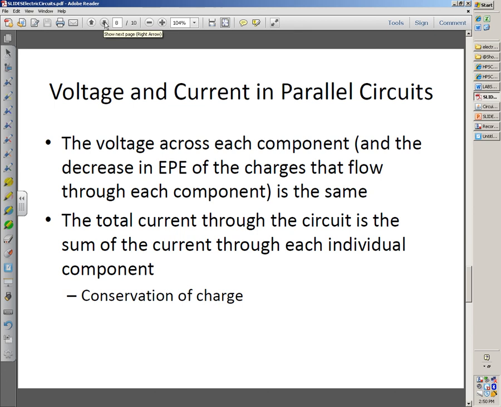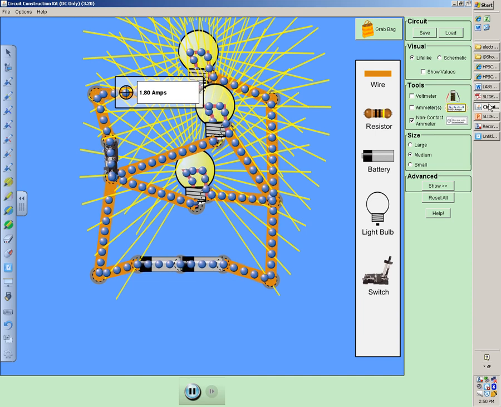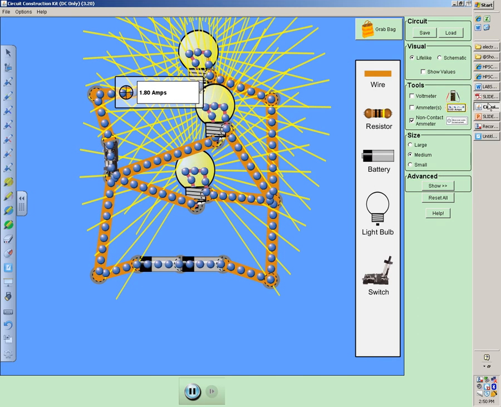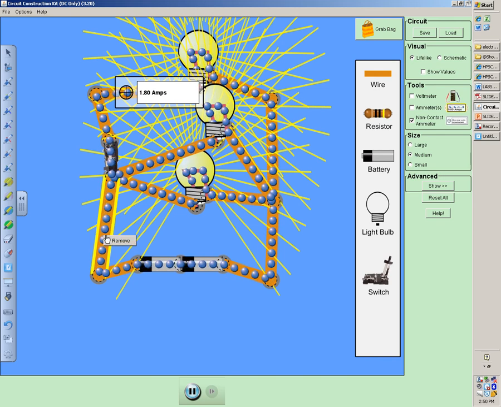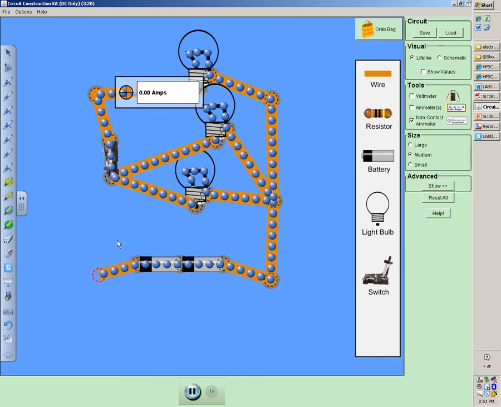So if we go back to this parallel circuit, if I remove this wire right here, what's going to happen? It'll all stop. They all go out, right? Because that wire is integral for all of them getting back to the other side of the battery.